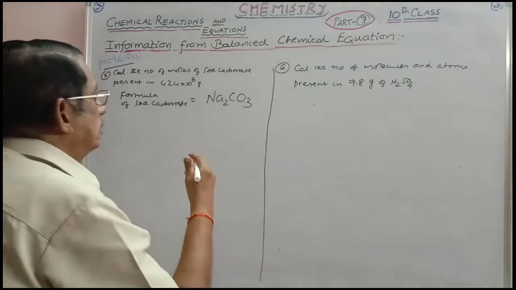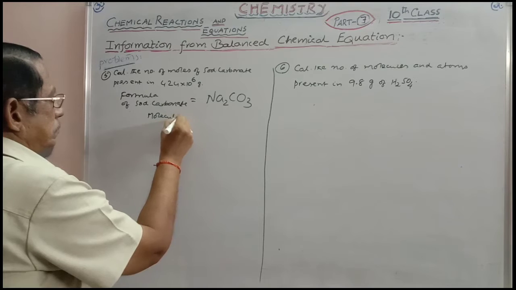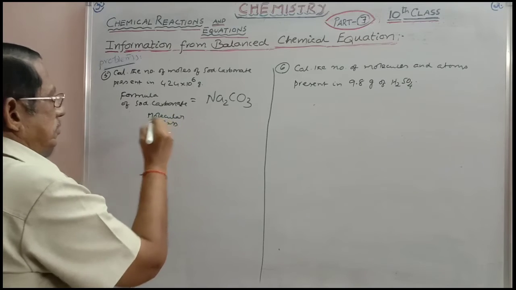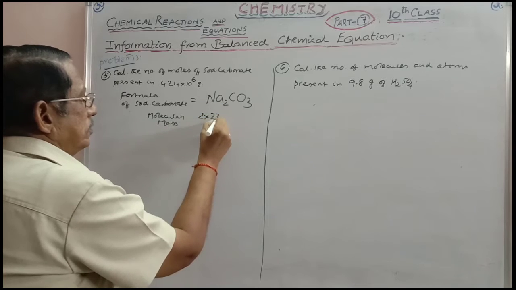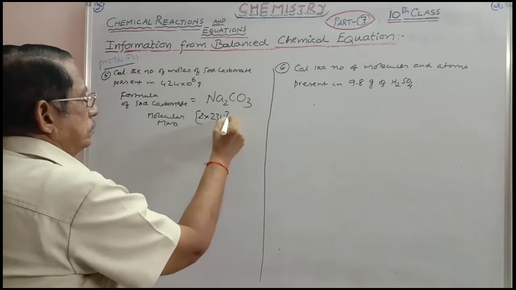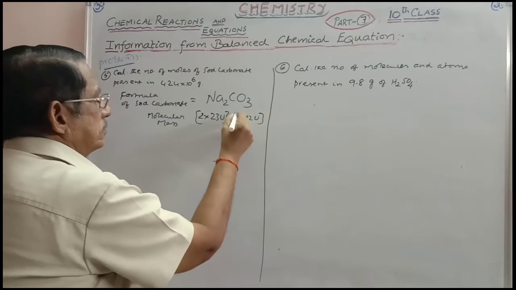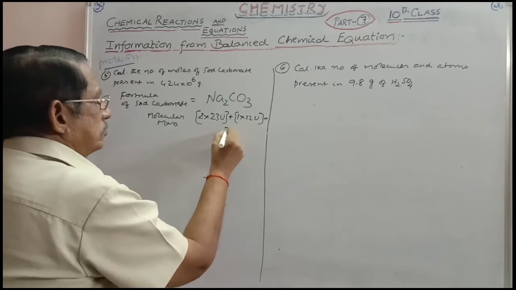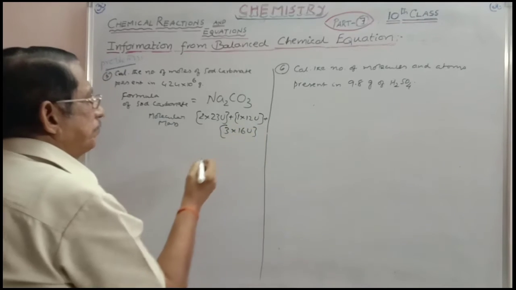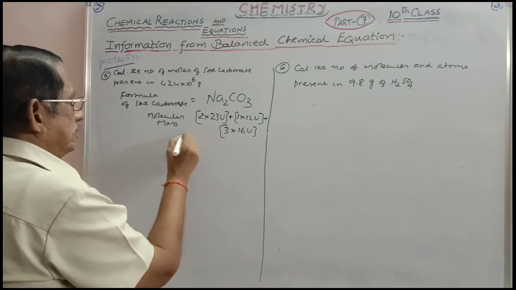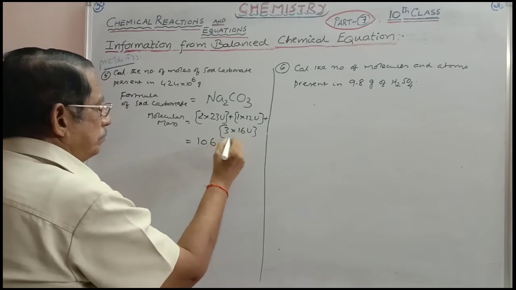Here what is the molecular mass? Molecular mass here is equal to 2 into sodium 23 U plus 1 into 12 U of carbon plus 3 into 16 U of oxygen. Put together, this is equal to 106 U.